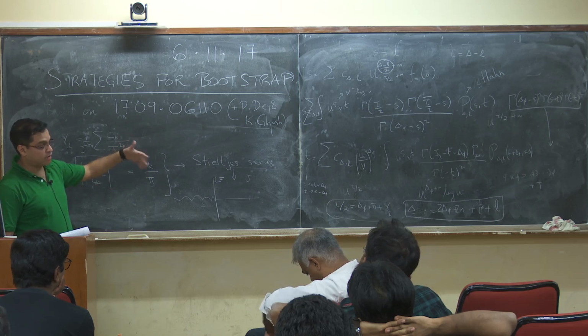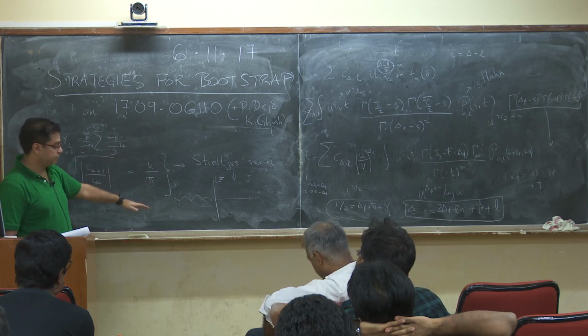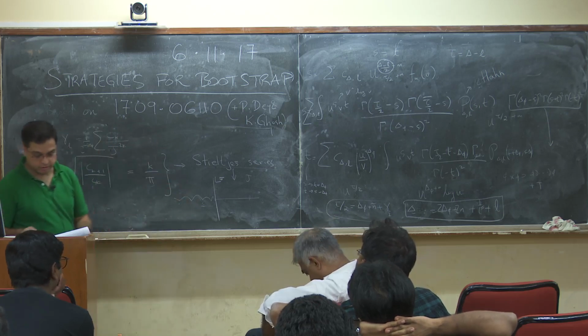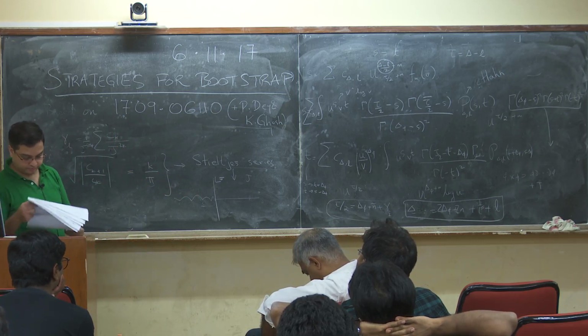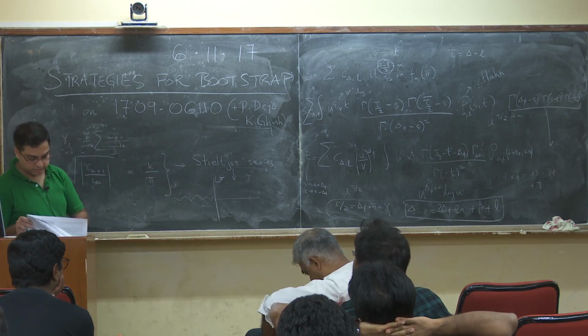Caron-Huot actually gave an inversion formula for the OPE coefficients, but you have something similar for the anomalous dimensions. So that's the lesson that you learn.